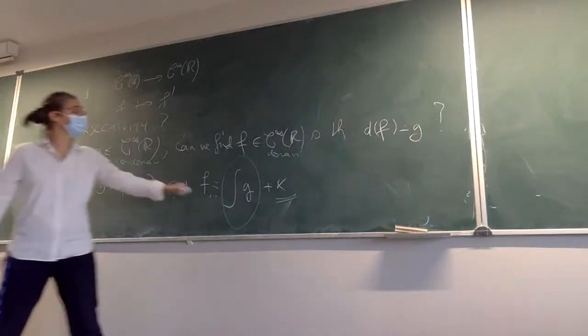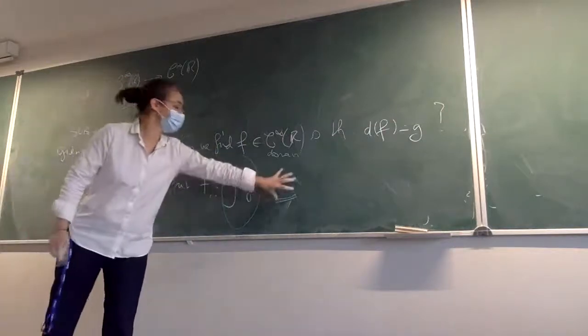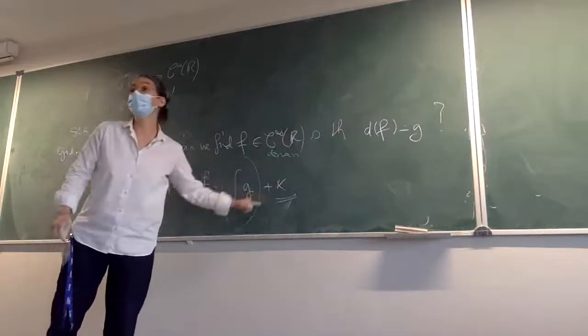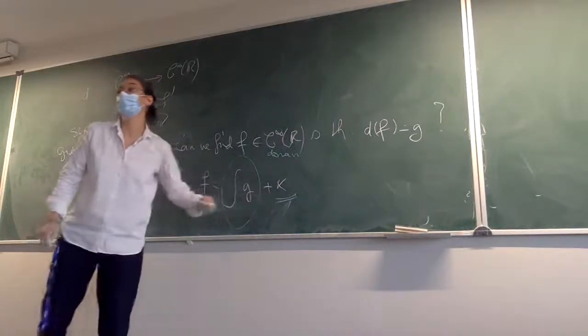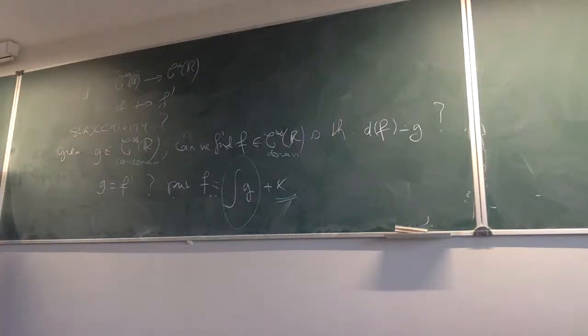If I've got some f which is one specific antiderivative of g, and I add any constant, anything from the kernel, that's the one you find in the arbitrary constant of integration, you will get the same image. You will get the same g if you differentiate it.